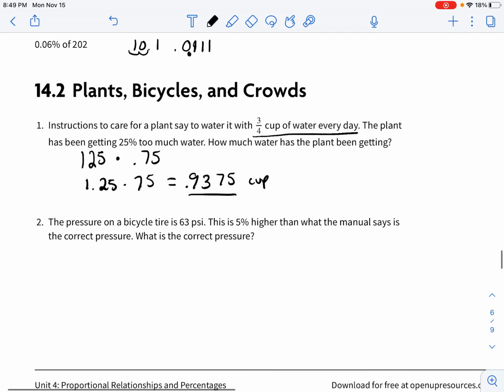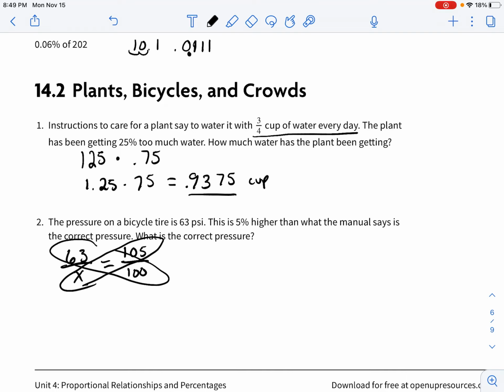And so we can set this one up using 63 over the actual, or what it calls for, is equal to 105%, because it's 5% higher than the original. So whatever the original was would be the 100%.